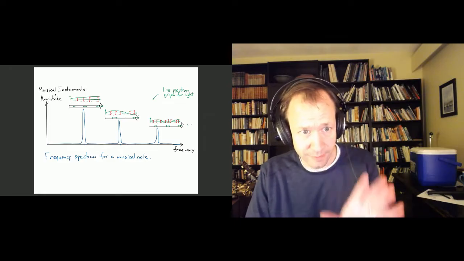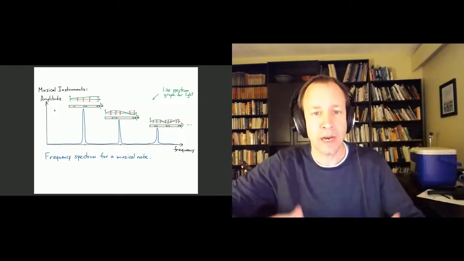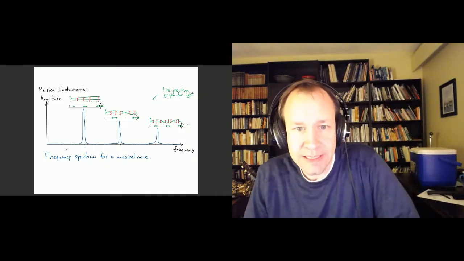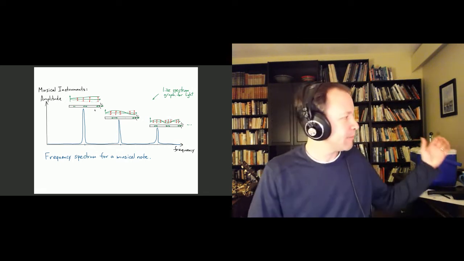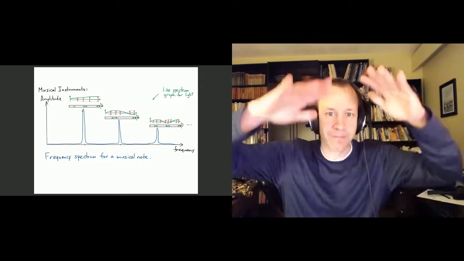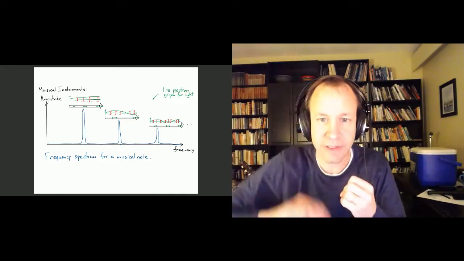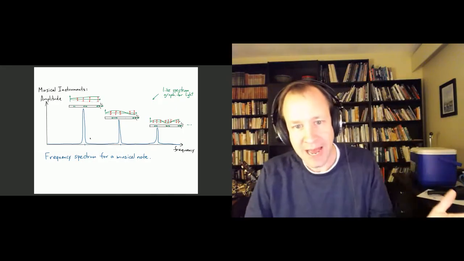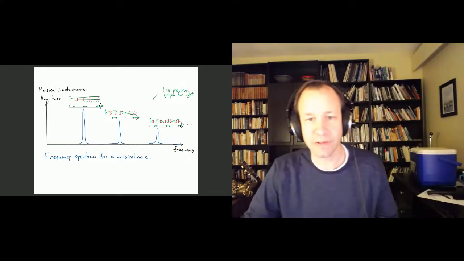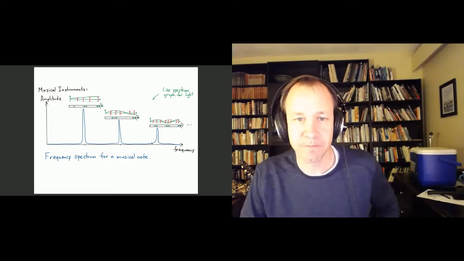And on the vertical axis, it's like amplitude or power. So if I play a note on the trumpet, then we're going to get a certain amount of that first harmonic, so a certain power at that frequency, and then a certain power at, say, double that frequency, and a certain power at triple the fundamental frequency. And there are going to be different amplitudes for each one of those.